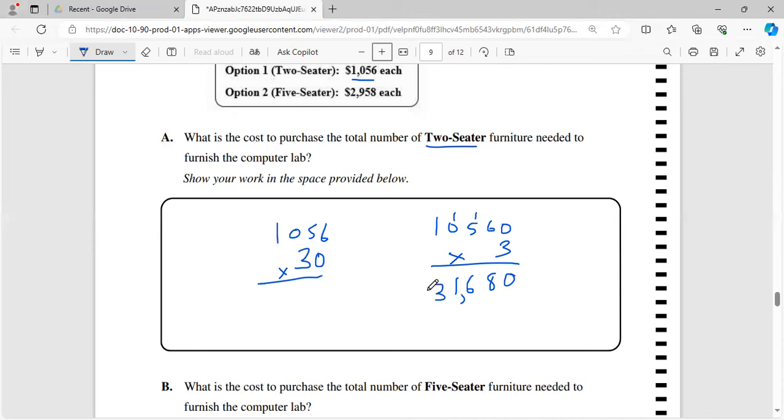So that gives me a total of 31,680. So what I did, guys, I multiplied by 30, so I multiply by 10 first and then by 3. That's an easy way to do it. If you want, you can still multiply the long way and you will still get the same answer.